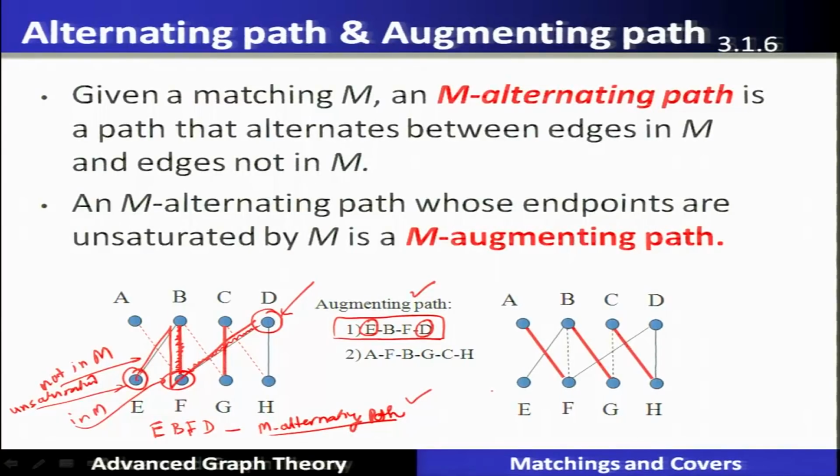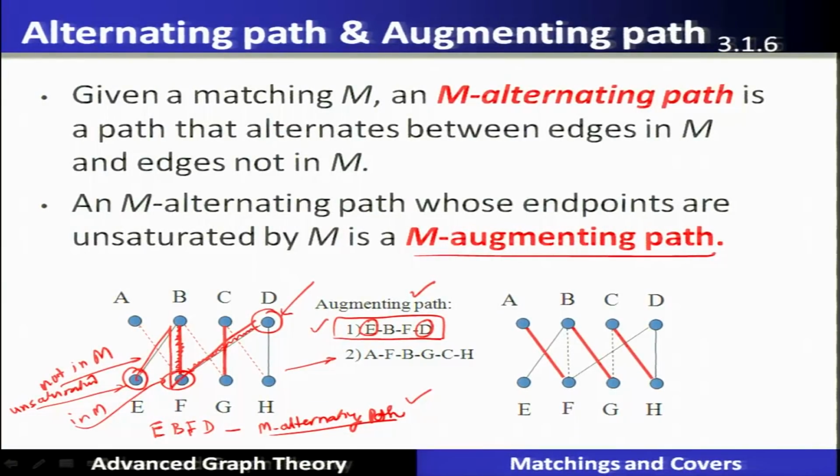An M alternating path whose endpoints are unsaturated by M is called an M augmenting path. This is one such example which I have shown you, that E, B, F, D is an M augmenting path. Why? Because the endpoints, that is E and D, are unsaturated. Let us see another example.